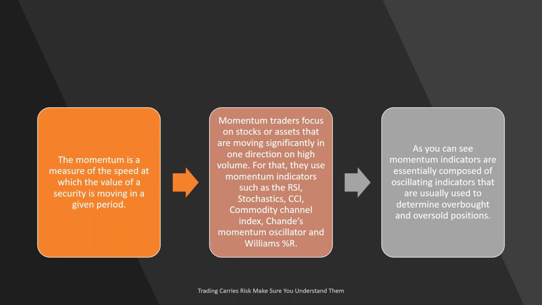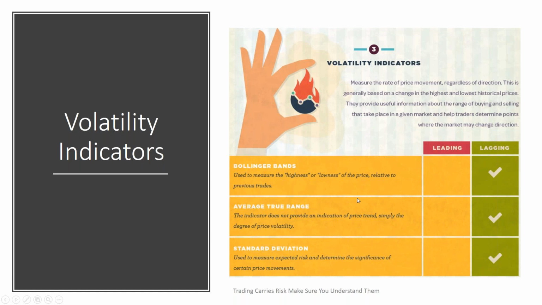So as you see, momentum indicators are essentially composed of oscillating indicators that are usually used to show overbought and oversold. What was that word I used earlier? Bounded indicators, because they were bound in an area, like RSI and stochastics are always between 0 and 100.